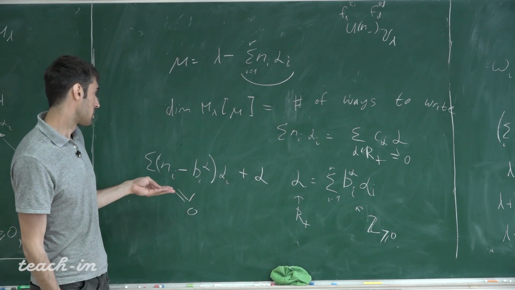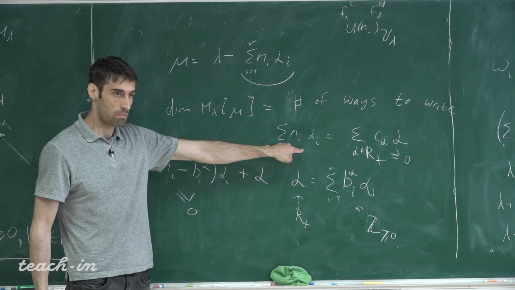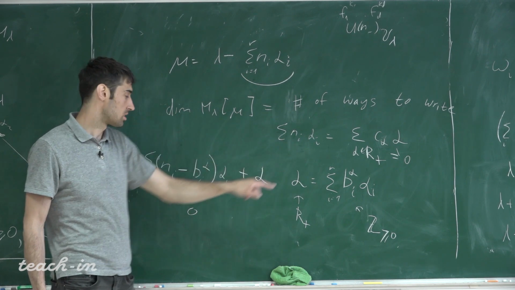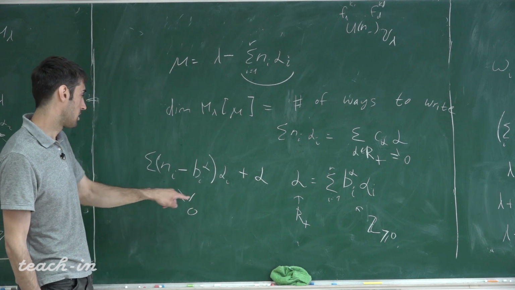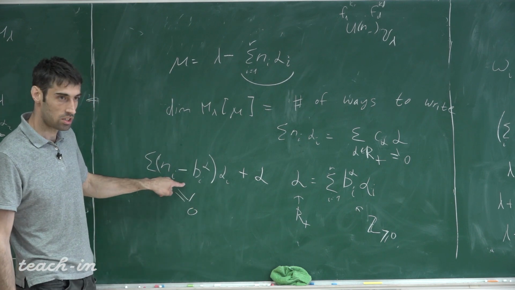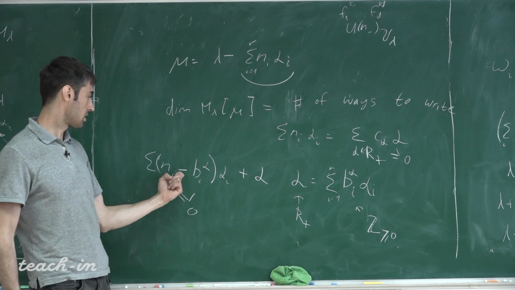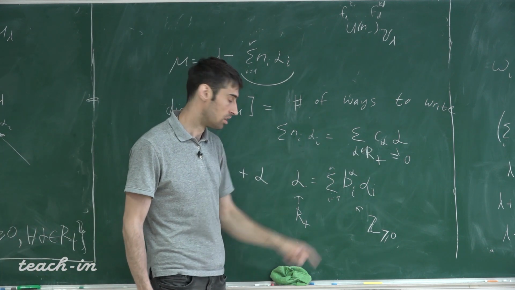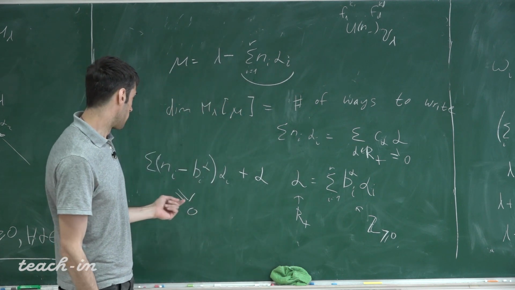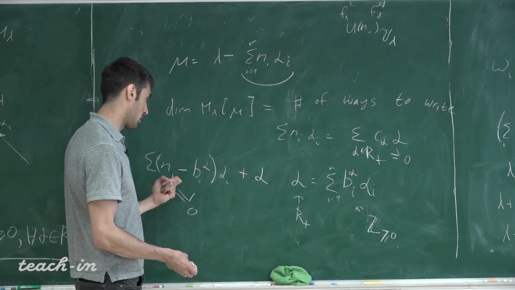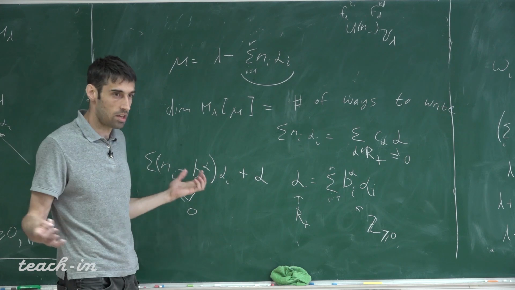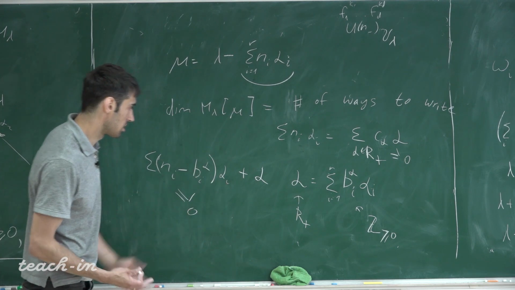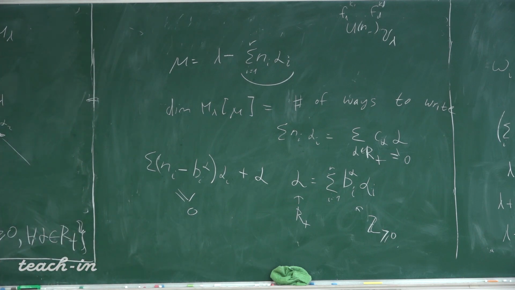You can subtract from here positive roots, some linear combination of positive roots, in such a way that the coefficients of the difference are still positive, because we need these coefficients to be positive. And there's only a finite number of ways we can do that. So that's what's going on.